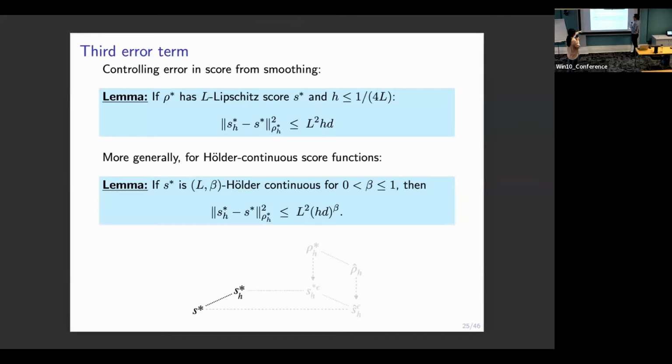Here beta is just the Holder exponent, and this restriction for h is the same. No, interestingly, this result actually holds for all h. We proved this one via a different technique, which was probably unnecessarily complicated, so that's where this comes from.